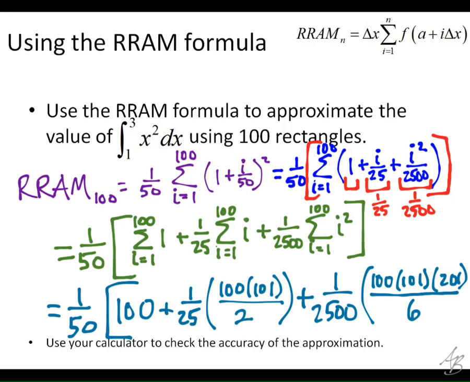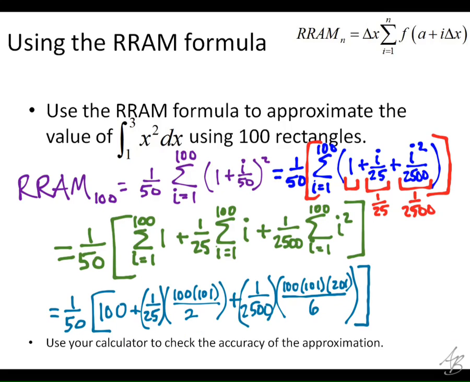And we're multiplying that times the 1 over 2500. Now, this looks kind of complicated, but from where we started, from having to add 100 different things together, I think we're in pretty good shape, because you can just punch that into a calculator and it'll tell you what it is. So go ahead and do that.